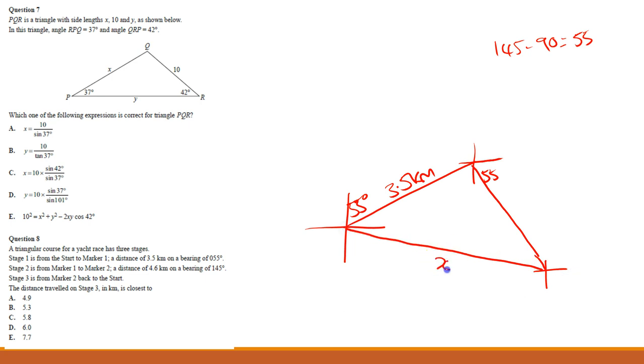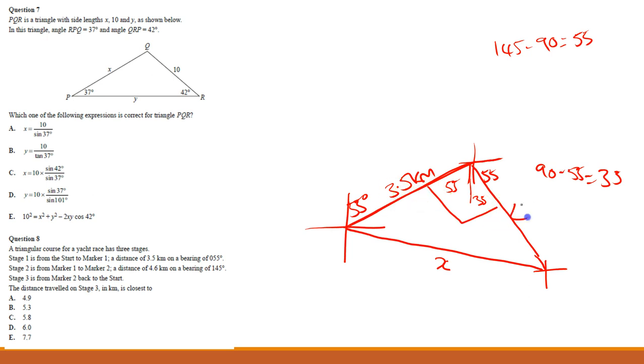Find this distance x. So we need an angle in here. If that's 55, 90 take away 55 is 35. And we use our alternate rule here. We know that's 55. 55 plus 35 is 90. So it's a right angle triangle.